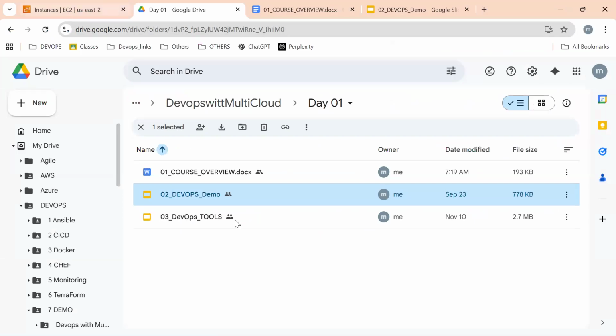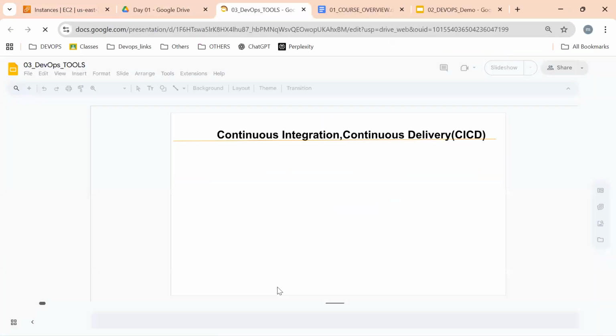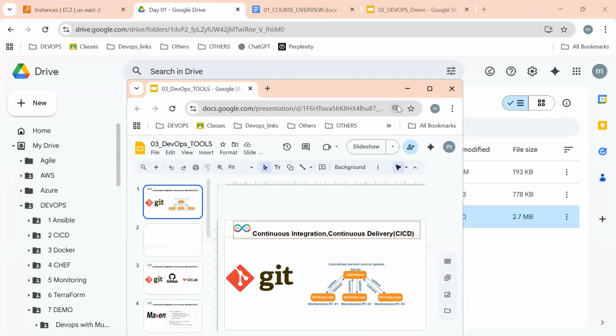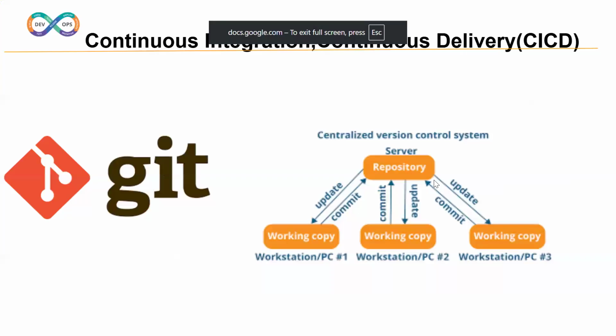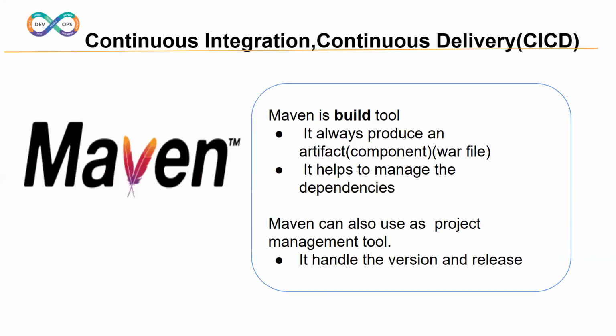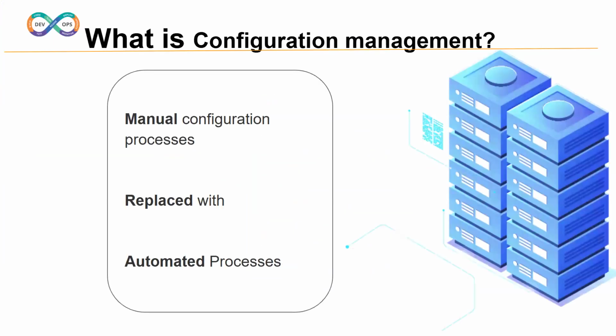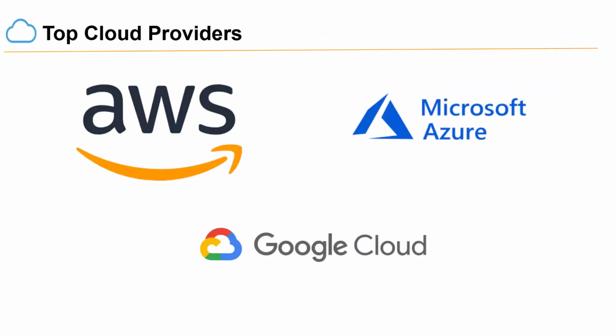For this, what we need to do is use a tool stack. Which tool stack are we going to learn? Git, GitHub, Maven, Jenkins, JFrog, SonarQube, Ansible, AWS (Amazon Web Services), Microsoft Azure, Google.